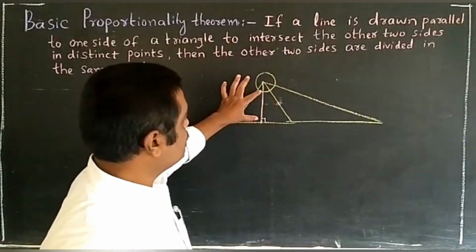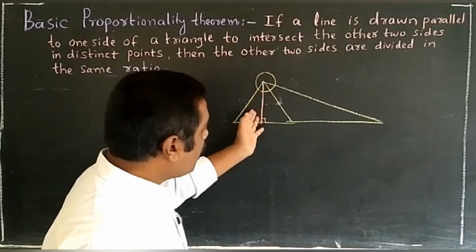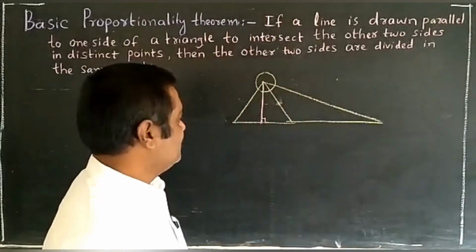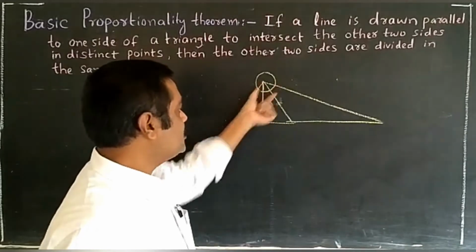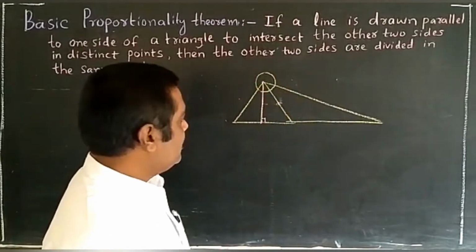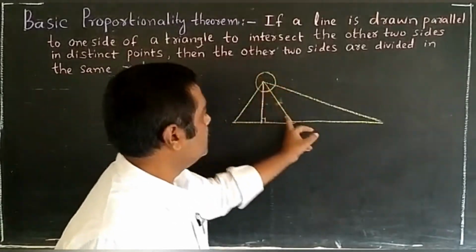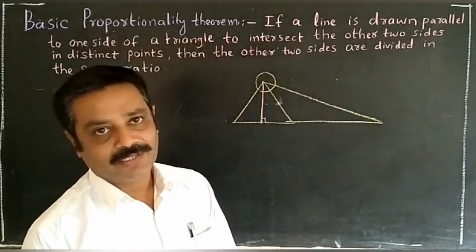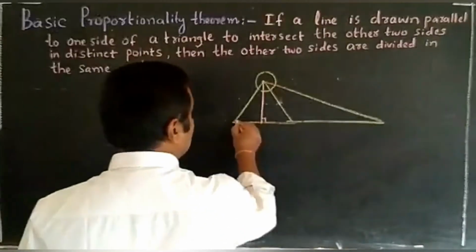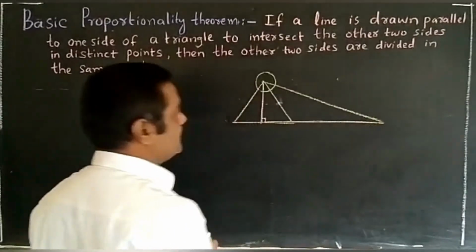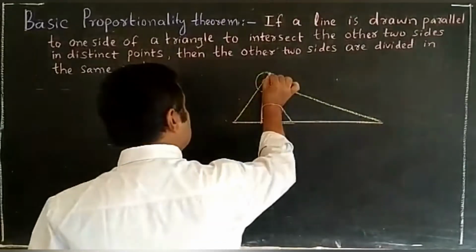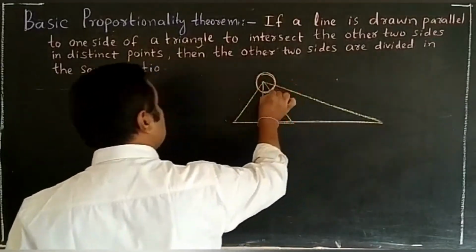This altitude is common for both triangles. It belongs to the acute angle triangle, and at the same time to the obtuse angle triangle also, because they have the same produced base and the same vertex.